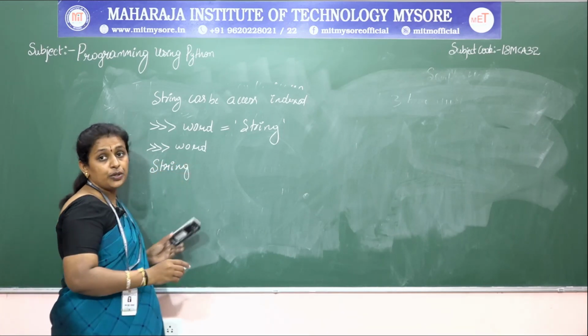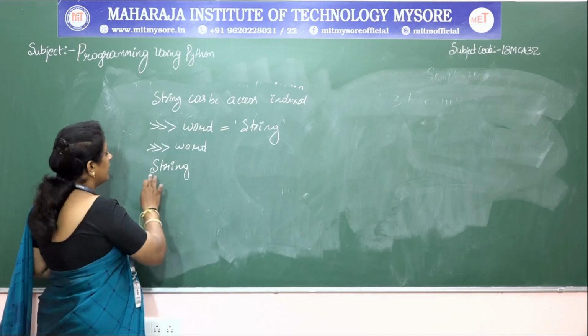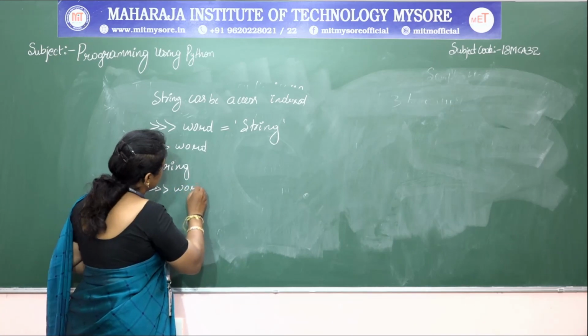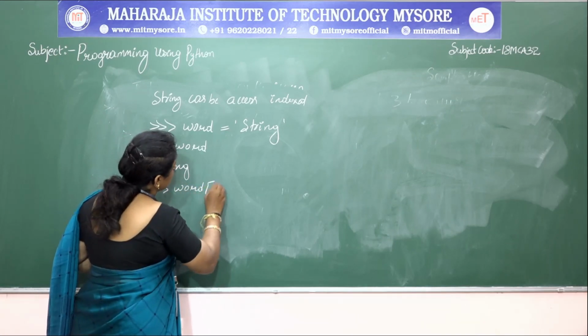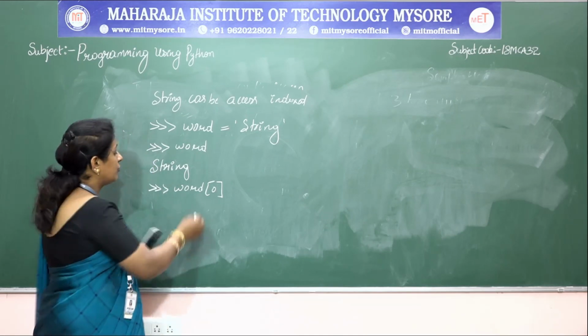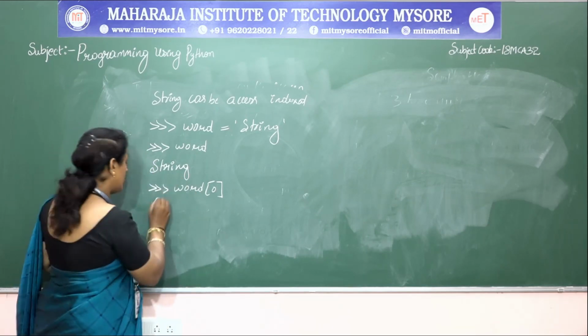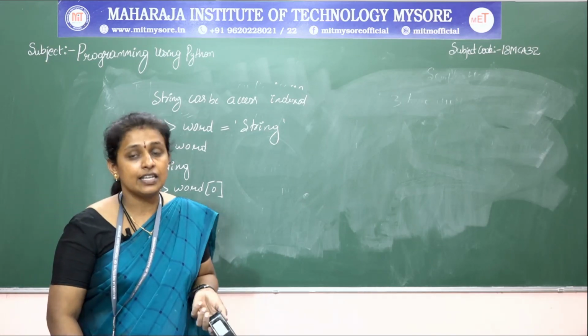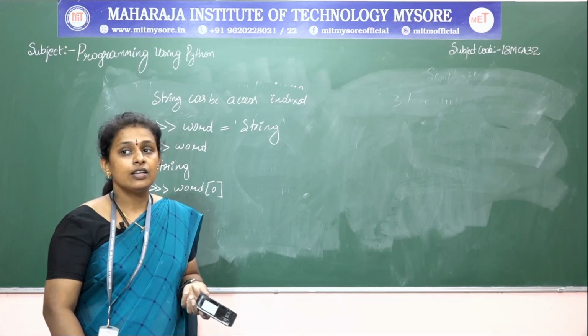I just want to print only the "Y", so word of 0. This will give the index value. So word of 0 will give the value as Y. In Python, the index always starts with 0.